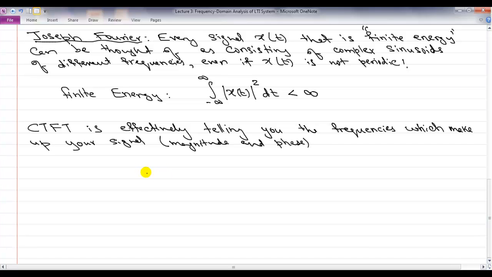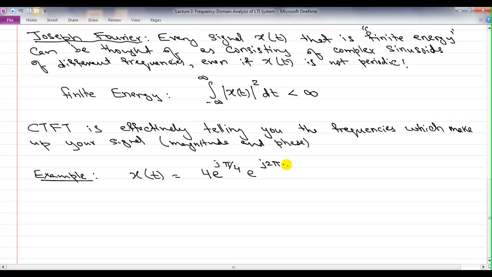So just to explain this concept a little better, for example, let's say that you have x of t, which is given by 4e to the j pi by 4 e to the j 2 pi 8000 t. Right?